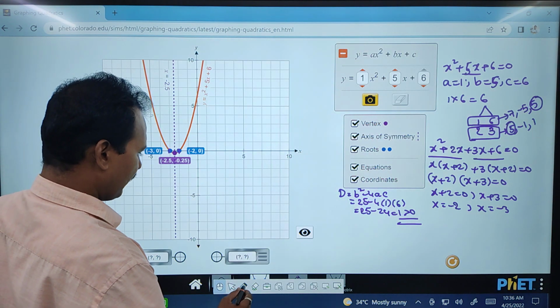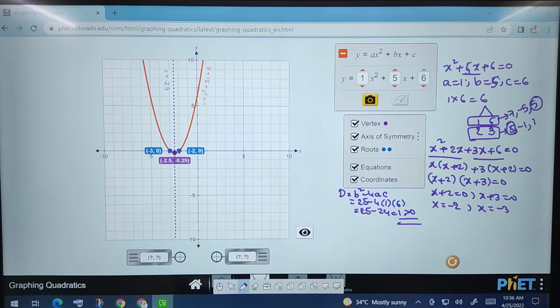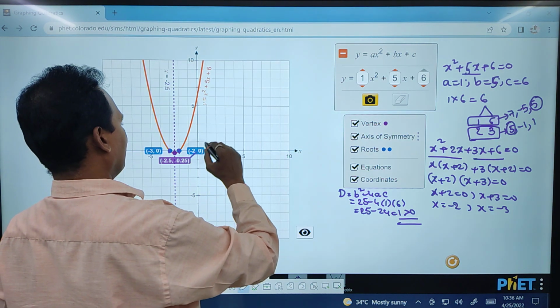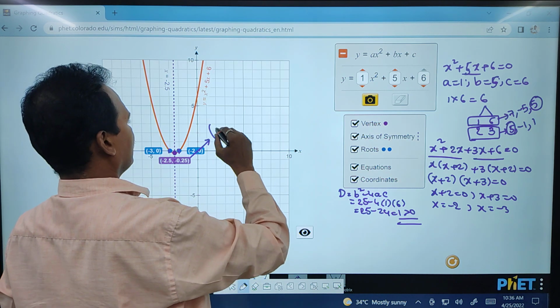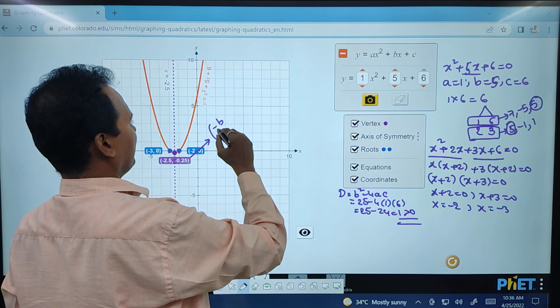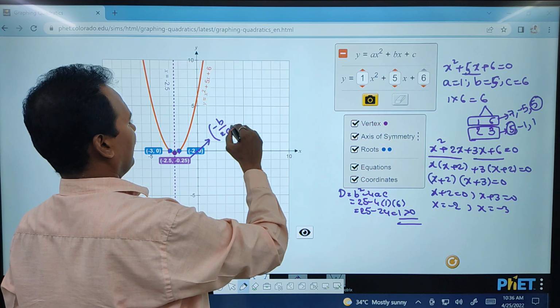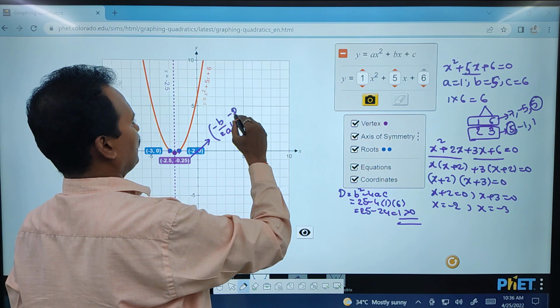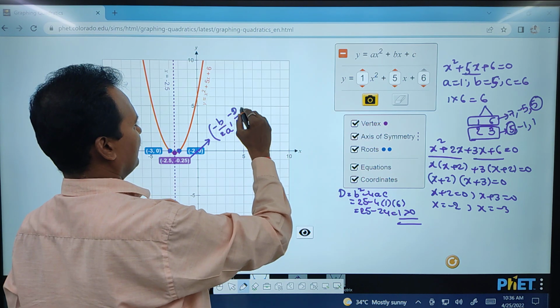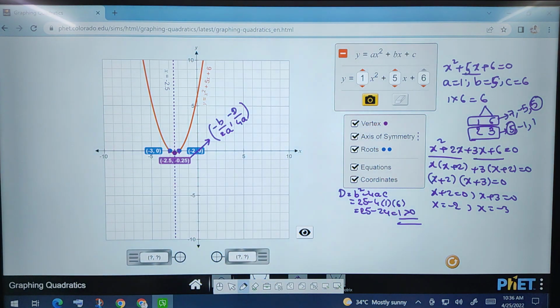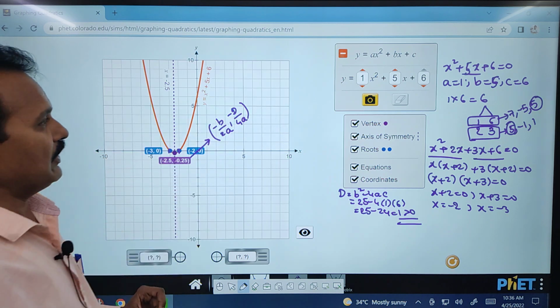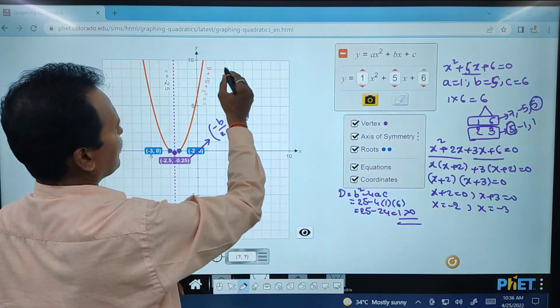How are we going to find the vertex? By using the formula: minus b by 2a comma minus D by 4a. We can find the vertex directly.